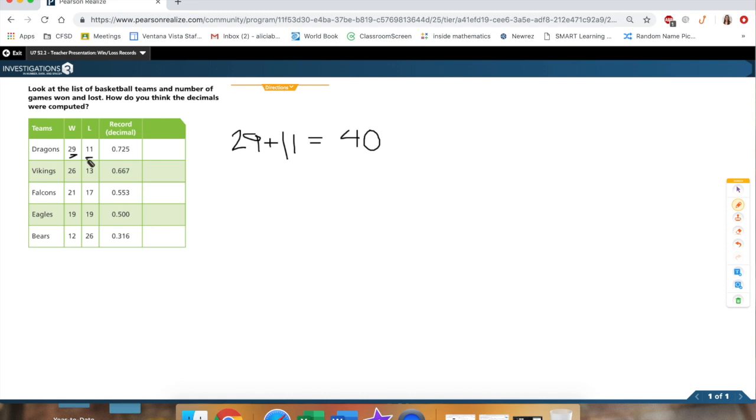And to figure out how many they won, we need to find a decimal equivalent.